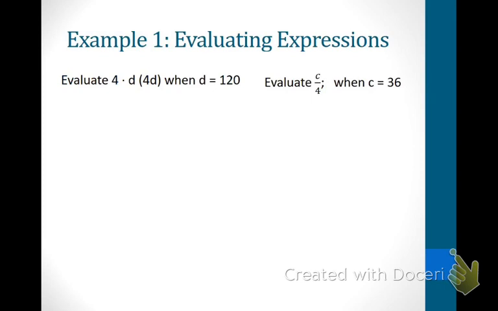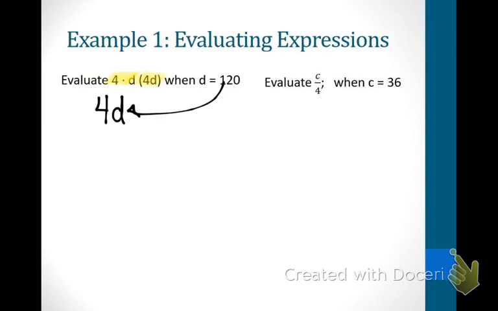Okay, in example 1, evaluating expressions. All right, so I've written, this is something that you may see from time to time, or it may even be a habit for you, but we don't use the dot to show multiplication, okay? We just write it 4D. Okay, so we're just going to make our substitution. So you should have already written down on your notes 4D, and then when you make your substitution, you have to think about, okay, what operation is this, 4D?